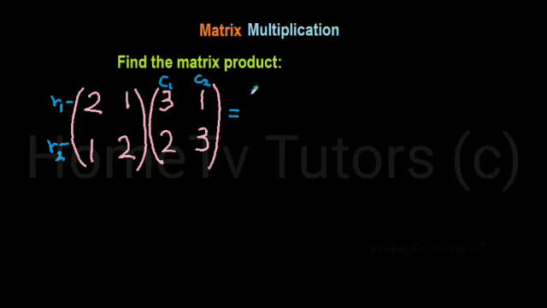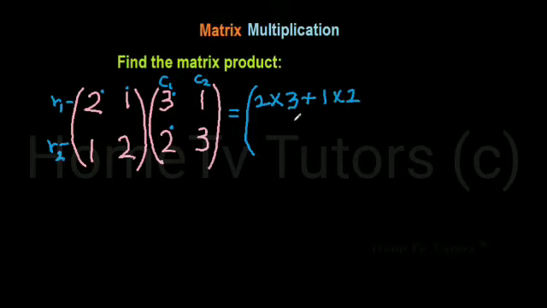Let me just draw this. Okay, so the element 2 will multiply the element 3, then you add the product to the product of the element 1 multiplying element 2, that is 2 times 3 plus 1 times 2.